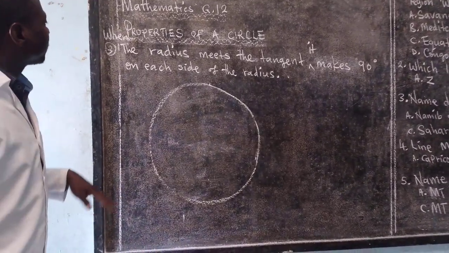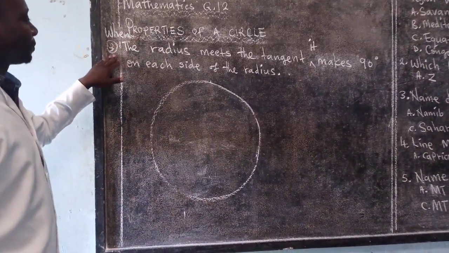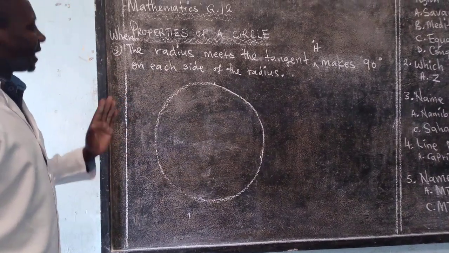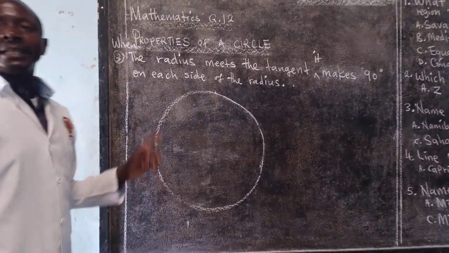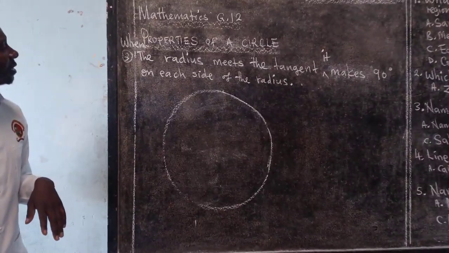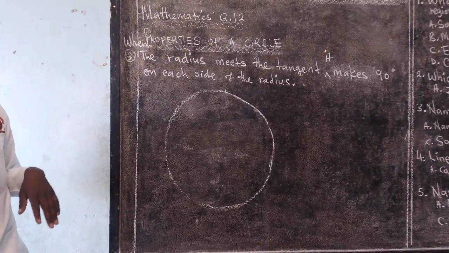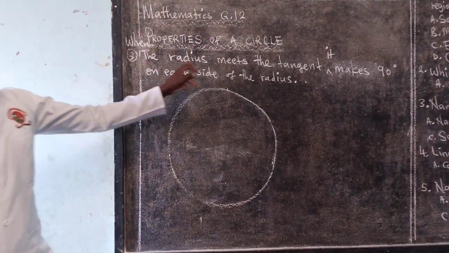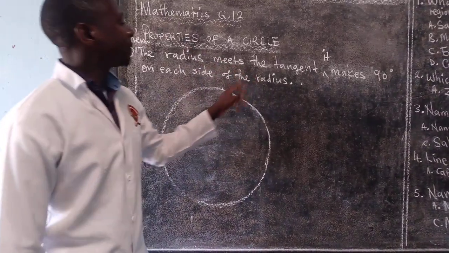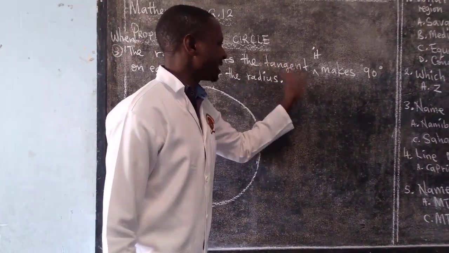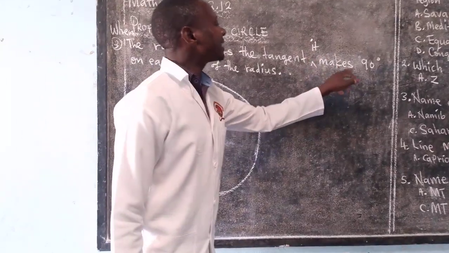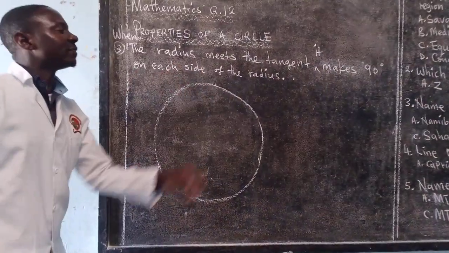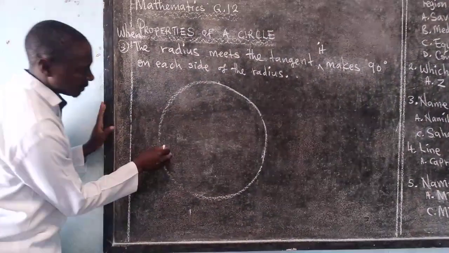Very good. We are on property number 3. Property number 3 states that when the radius meets the tangent, it makes 90 degrees on each side of the radius. What do I mean?